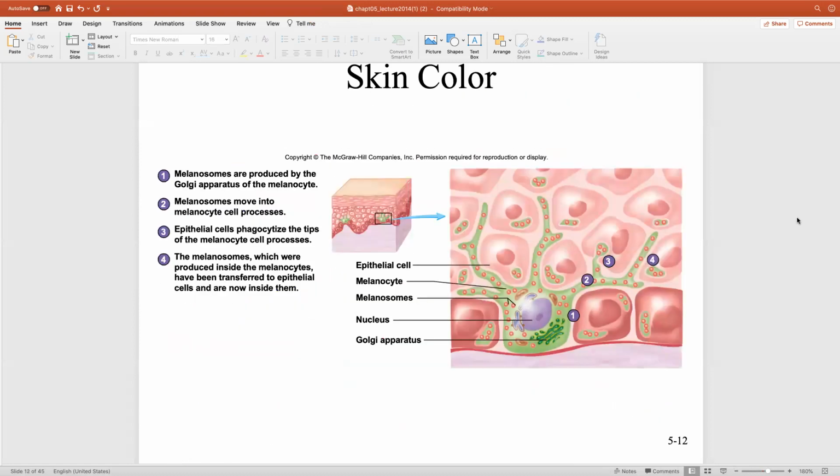And here, in terms of skin color, you can see how the melanocytes right here release melanin, which then gets picked up by each of the keratinocytes, allowing us to darken the region that's exposed. Now let's imagine you're outside, you have a t-shirt on in the middle of summer, and you have your Apple Watch on, right?